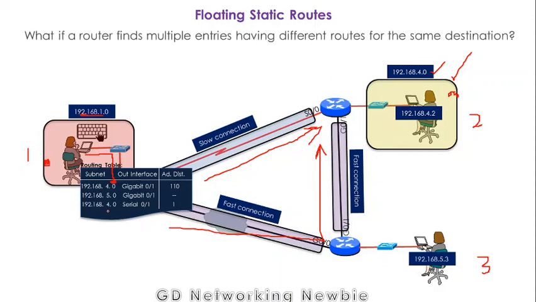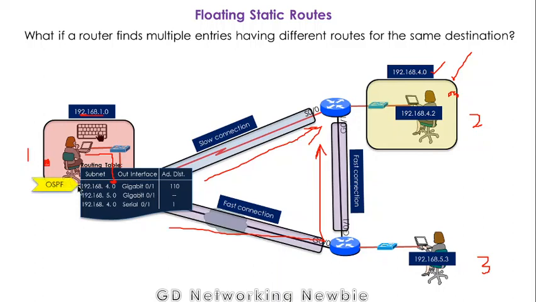So the question is, what if a router finds multiple entries having different routes for the same destination? To go from this network to the same destination, there are multiple routes available in the routing table. Then what to do in that case?